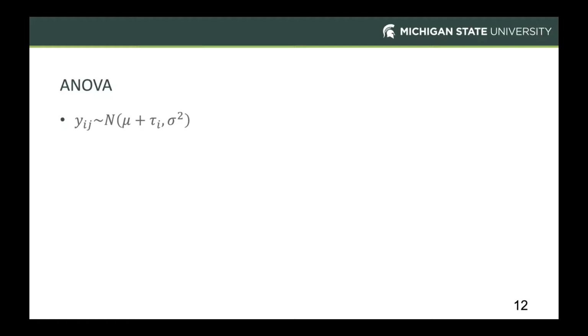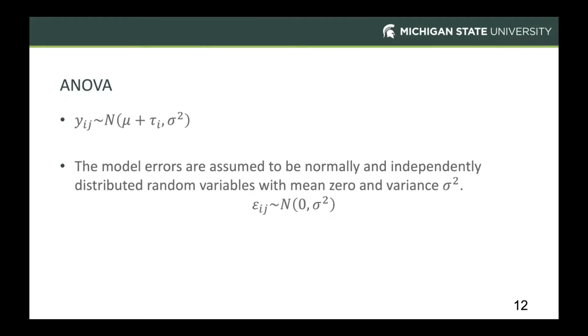And then the variability or the variance of those data would follow a normal distribution as indicated by sigma squared here, okay? And we also assume that the error terms associated with that model, the epsilon sub ij, are also normally distributed random variables.